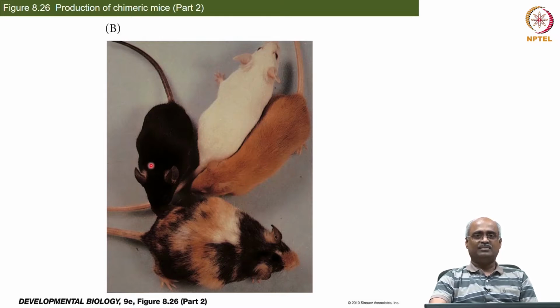So, the black gene, in whichever oocyte that was present, when fused with a sperm coming with the white allele, then that gives rise to black.